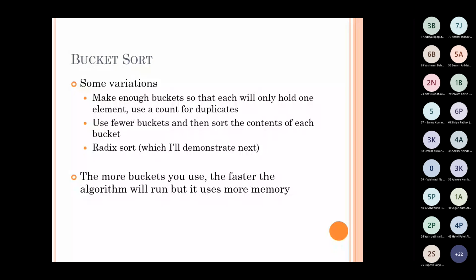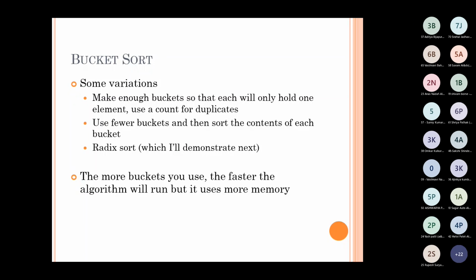One variation is to make enough buckets so that each bucket will hold only one element. That can be one method. Then use a fewer number of buckets, very few buckets, and then sort the contents of each bucket.